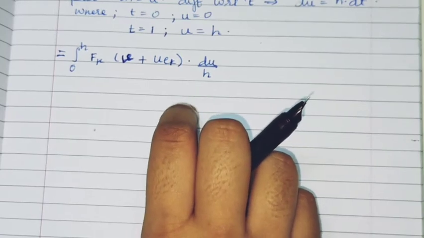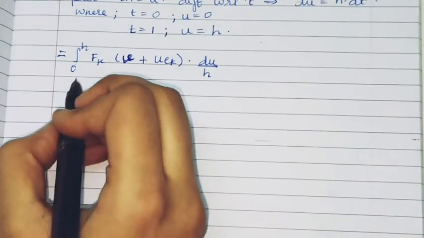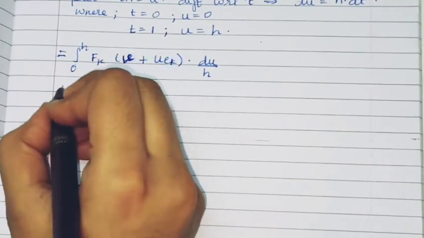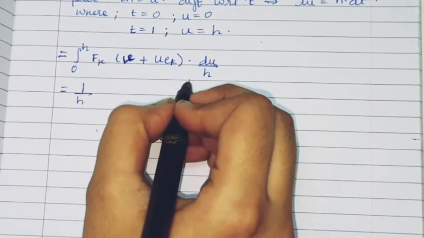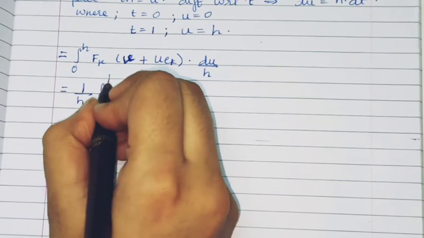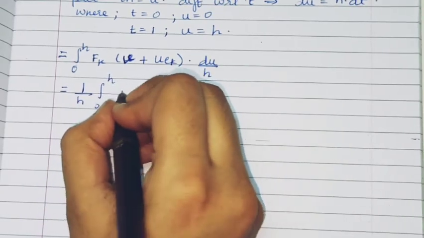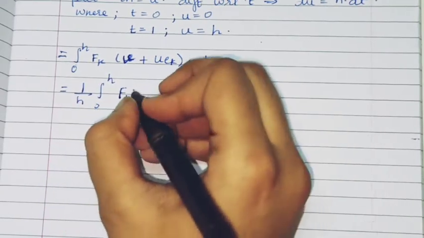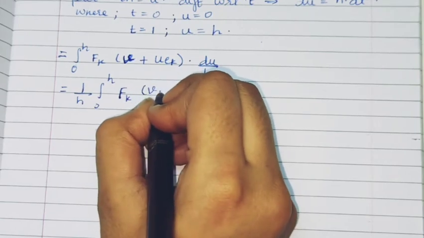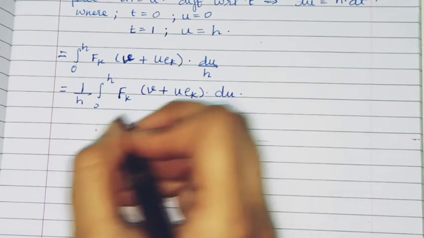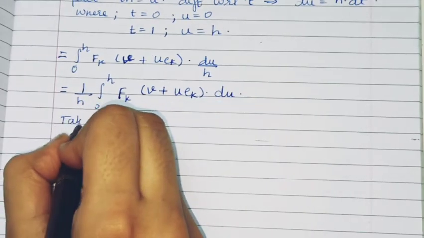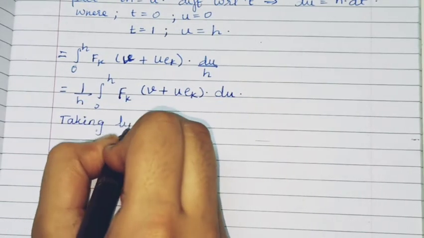Now we have to somehow get this in a form so that we will get an equation that helps us to prove what exactly we have to do. So first let us rewrite it. It gives us 1 upon h integration 0 to h fk of v plus u ek du.